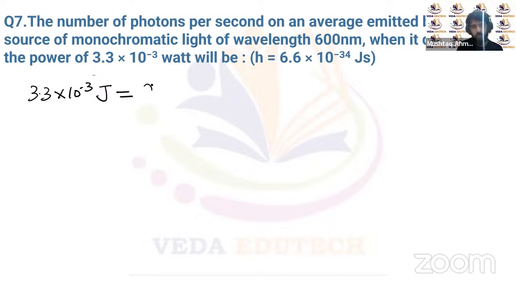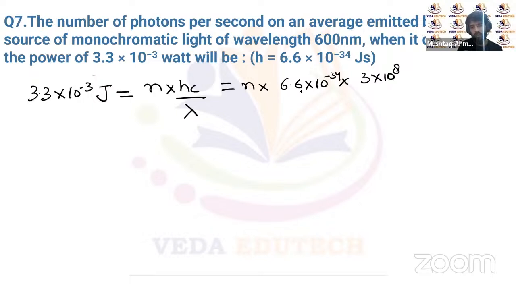Let's suppose n photons have this much energy, which will be n times hc upon lambda. We have to calculate the value of n. The value of h is given as 6.6 into 10 to the power minus 34, and c is the speed of light, 3 into 10 to the power 8, divided by lambda. Lambda here is 600 nanometers, so it will be 600 multiplied by 10 to the power minus 9. Let's simplify it a bit.